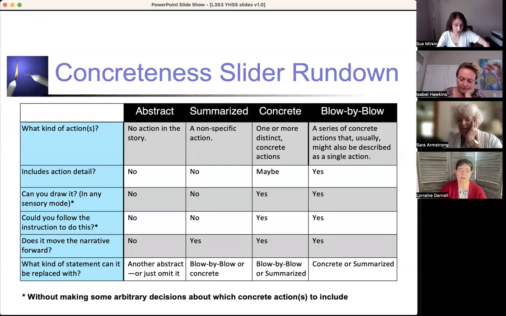I mean, you could do it, but it sounded like, from my understanding, it's easier to do what people are actually doing and how they're feeling rather than the feeling itself. Yeah, those are different things. The abstract statement can describe a feeling, but it doesn't describe any action.